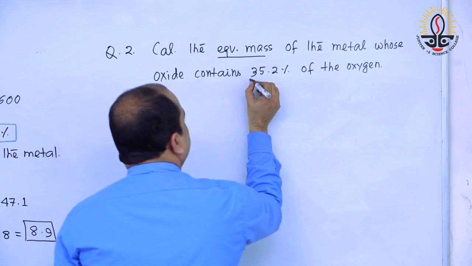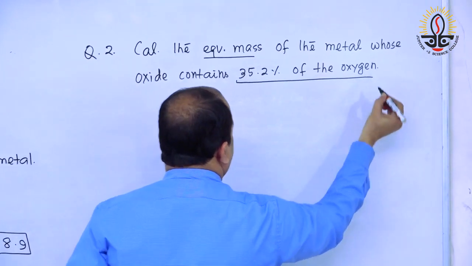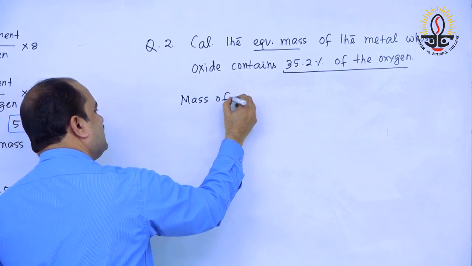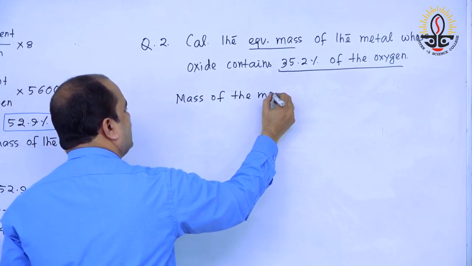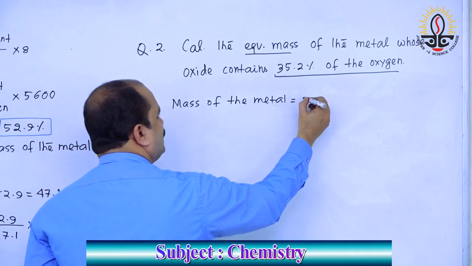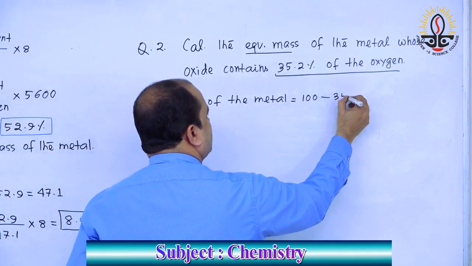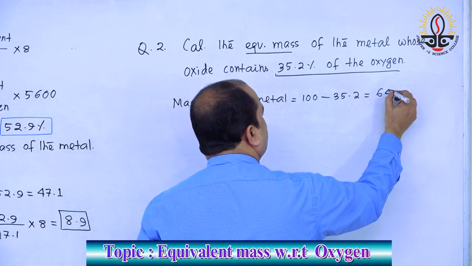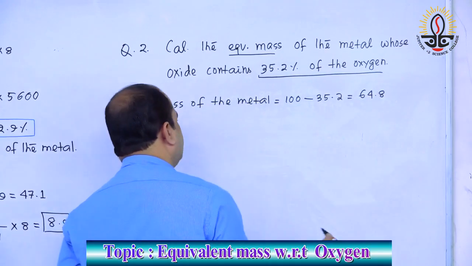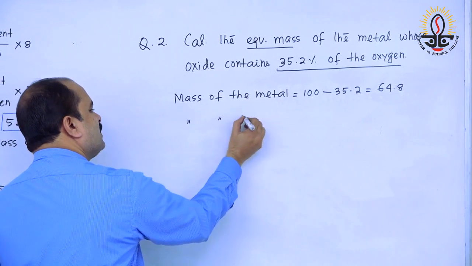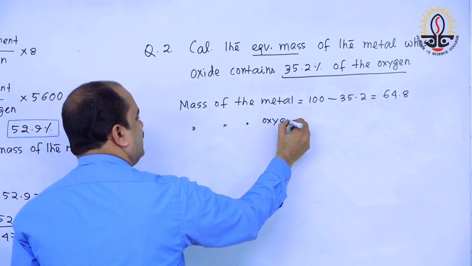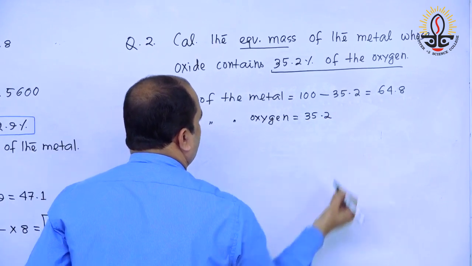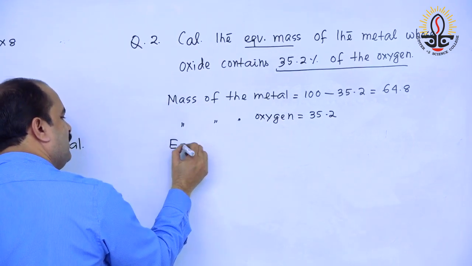Data given is 35.2% of oxygen. So we can find out the percentage of the metal. Mass of the metal is equal to 100 minus 35.2, which is 64.8%, and mass of the oxygen is given, 35.2.